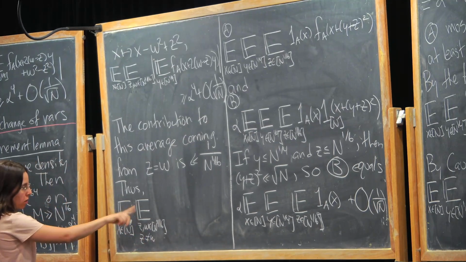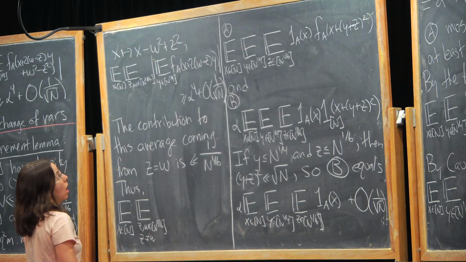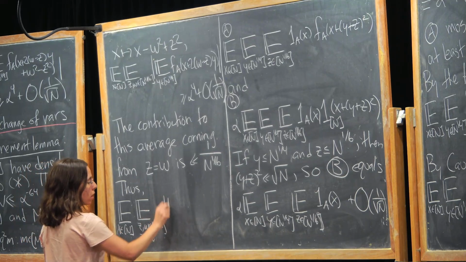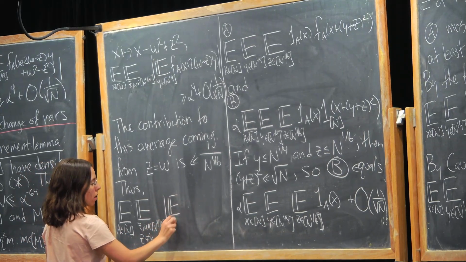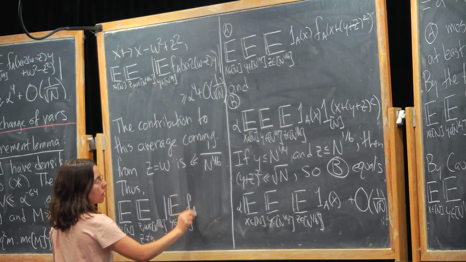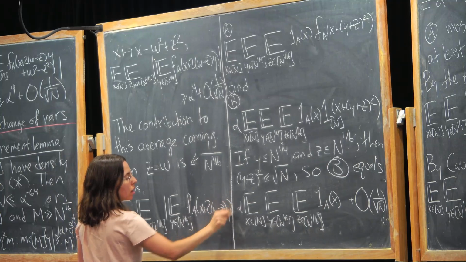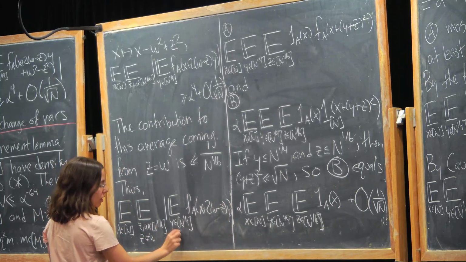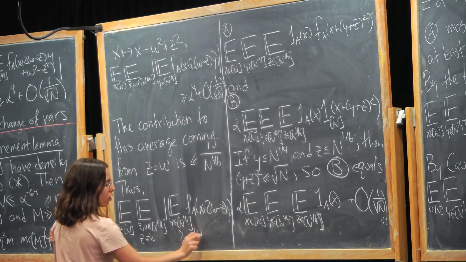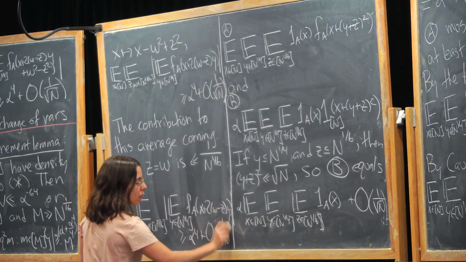And changing this normalization here also introduces an error of at most 1 over n to the 1/16. This whole average is at least alpha to the 4th plus big O of 1 over the 16th root of n.